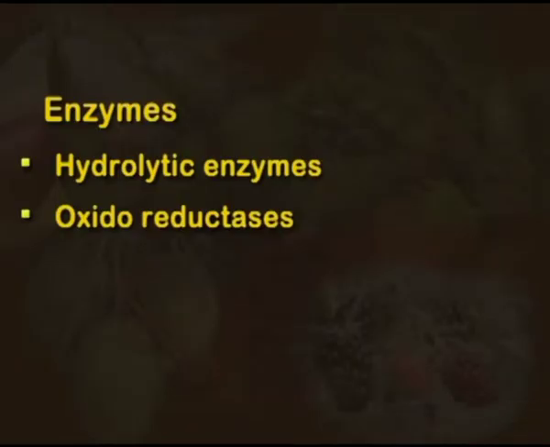Now we have also enzymes which are found in vegetables, and they are of two types, the hydrolytic enzymes as well as the oxidoreductases. Now these enzymes are responsible for the ripening of vegetables. For example, tomatoes.